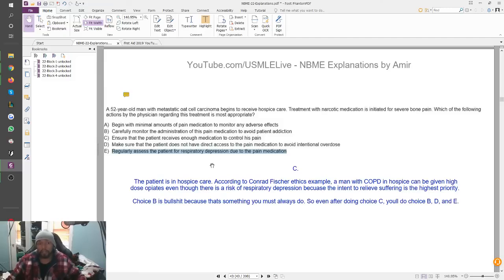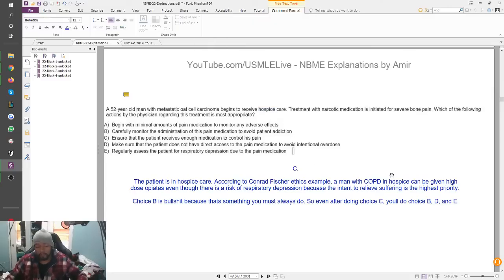Our priority is to make sure he has enough to control his pain, right? He's in hospice care. He better have no pain. That's how this works. And also remember, hospice care is extremely expensive. Okay, it's very pricey stuff. So if a patient in hospice care is in pain, whew, you're paying for nothing at that point, you know. So you don't want that kind of stuff to happen.